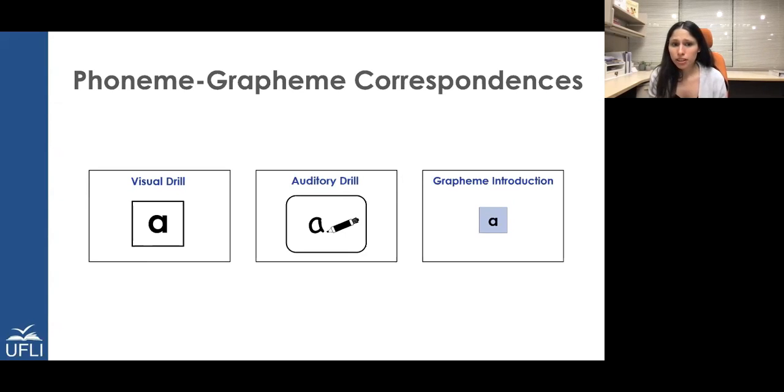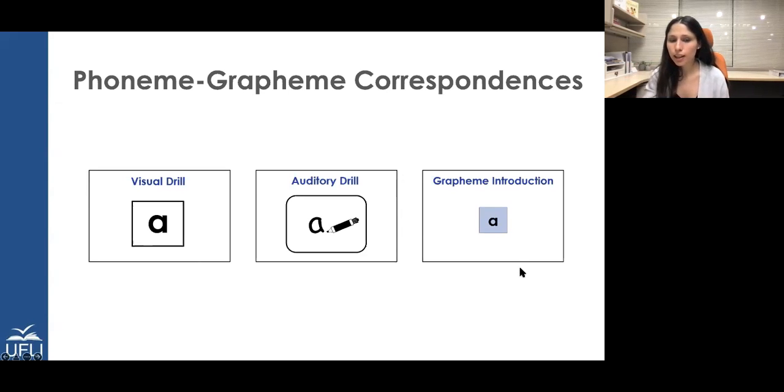What's really great about an auditory drill is once students begin to learn multiple graphemes for a phoneme, for example, the sound k can be represented with C, K, or CK. This activity allows them to, again, show you that they know that there's 3 ways to spell that sound. So these activities are reciprocal and support in making students more automatic with those grapheme phoneme correspondences.